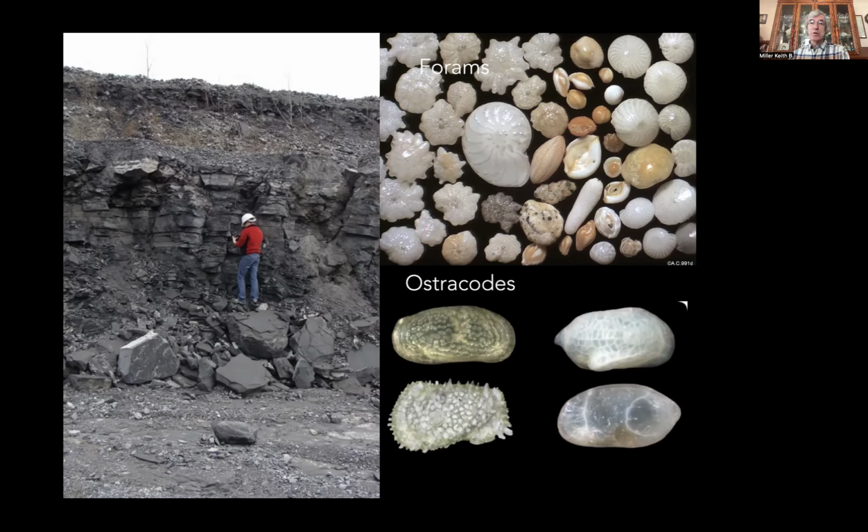So they give you some idea of the conditions within different layers within the ocean, from the seafloor up through the water column. Lower right are ostracodes. Again, they are sensitive to temperature. They're sensitive to salinities. And again, tell us something about the environments in which they lived.